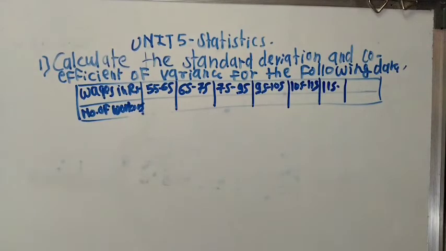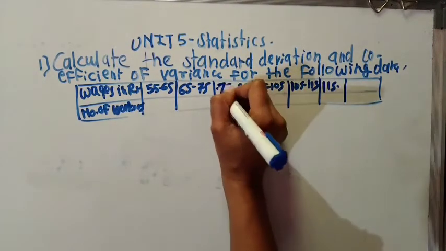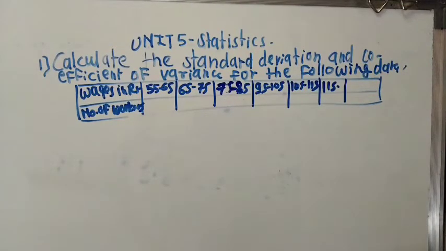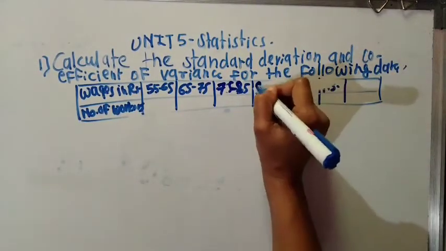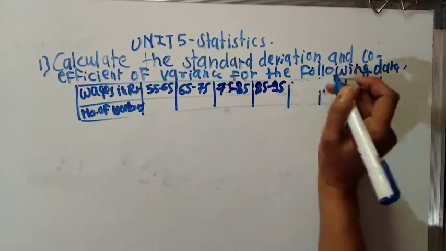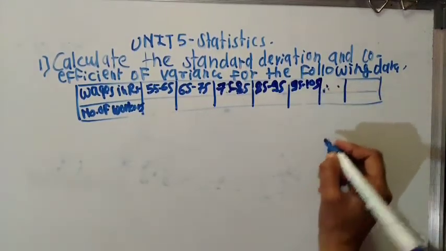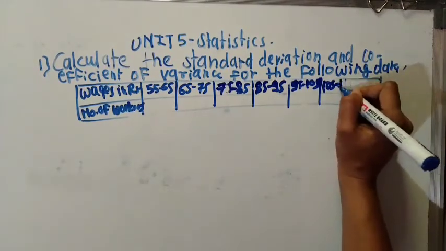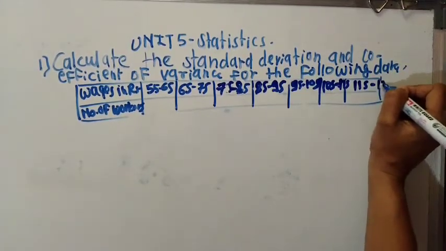65 to 75, 75 to 85, 85 to 95, 95 to 105, 105 to 115, then 115 to 125.